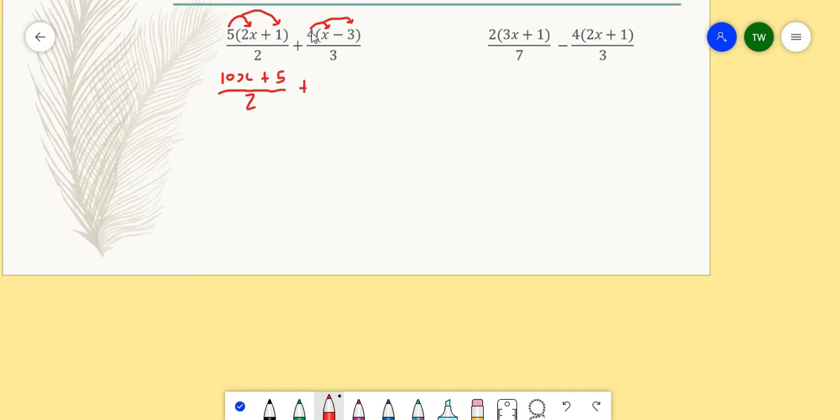And we're going to distribute 4 to each term. So 4 times x, that's going to give us 4x. And 4 times minus 3, that's going to give us minus 12. And all of this should be placed over 3. From here now, we're going to find a common denominator of 3 and 2. And that's going to be 6 in this case.